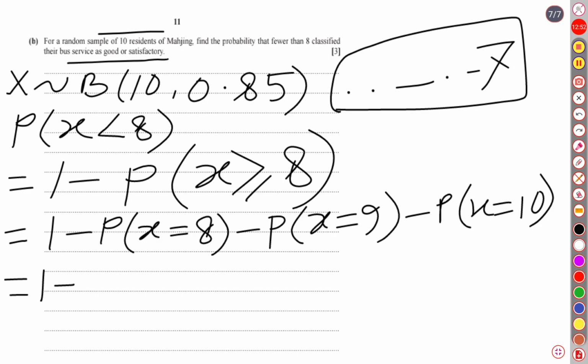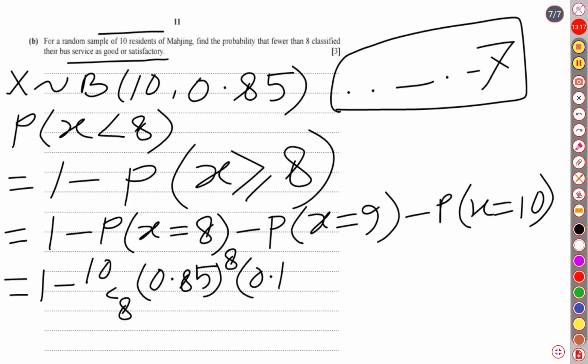This is binomial distribution, and we are going to apply the combination formula. So 10 choose 8, and our P is 0.85 raised to 8, and our Q is 0.15. From 1, if we subtract 0.85, it will be 0.15. This is the combination formula, which is applicable for binomial distribution.